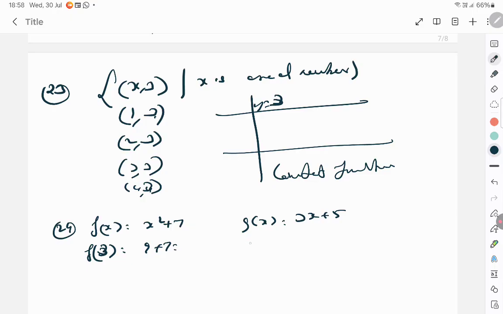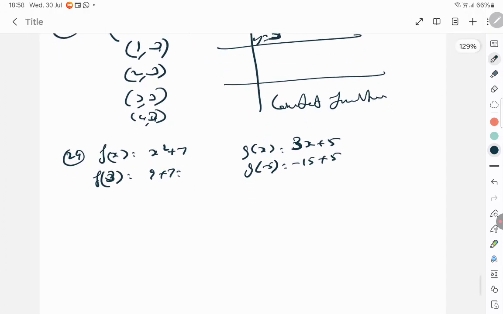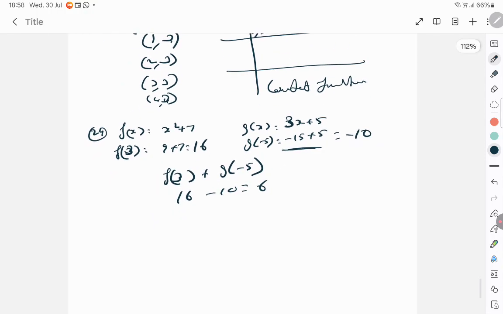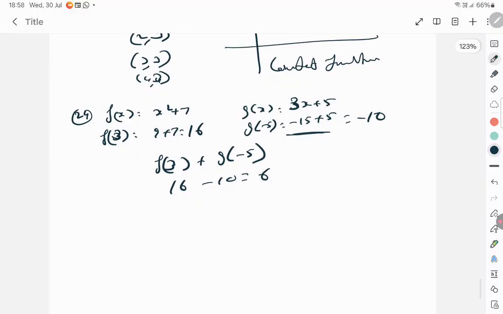And they might ask you g of minus 5, substitute minus 5 in the place of x, it's minus 15 plus 5. Then they might ask you f of 3 plus g of minus 5. Add this answer, so 16, and add this answer, which is minus 10, and write the total answer. So there can be questions like this which will be asked, and you should be able to answer it.